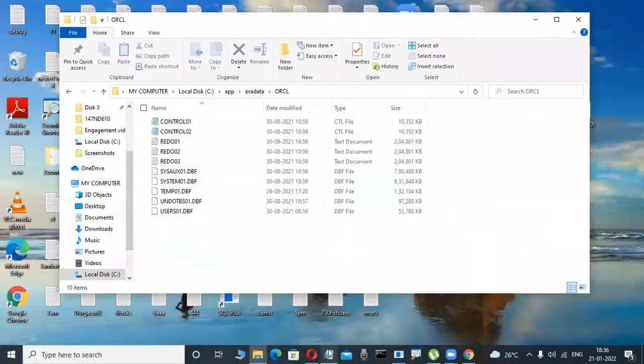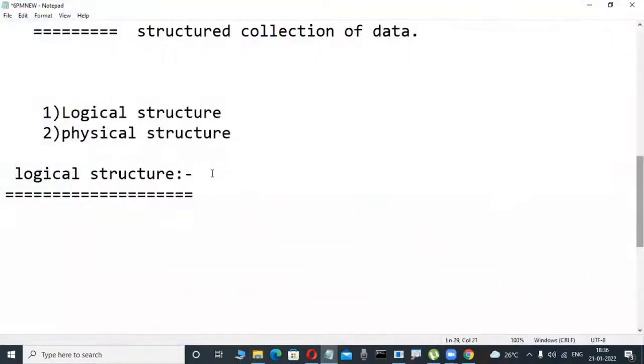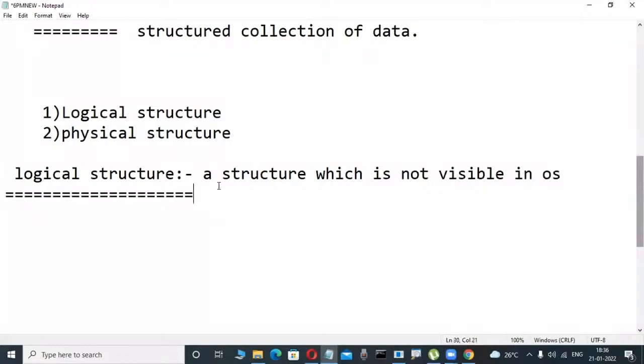Now what is a logical structure? Don't write it. A structure, meaning database structure, which is not visible in the operating system, in the OS, is called the logical structure of the database.